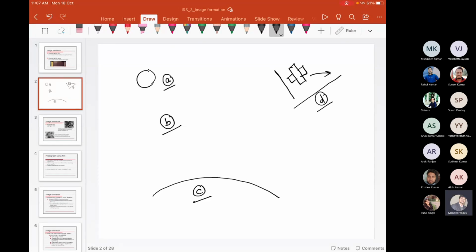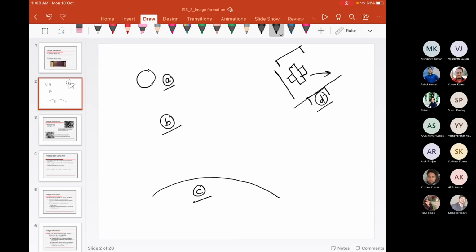in today's discussion, we are going to discuss the different steps in this D section, where we consider how the sensor senses the energy coming from the ground resolution cells. What are the characteristics of different sensors?